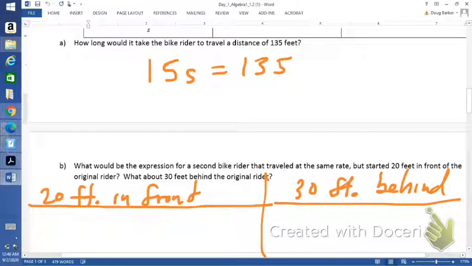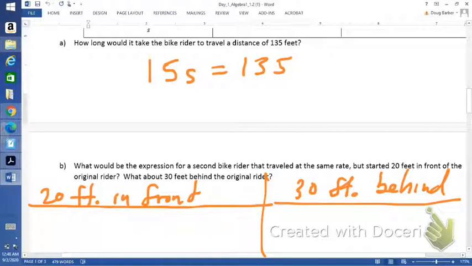Okay, now part B, it's tricky, and you just gotta think logically about this. So what would the expression be, alright, so we want an expression, not an equation. So what would be the expression for a second bike rider that traveled at the same rate but started 20 feet in front of the original rider? What about 30 feet behind the original rider?